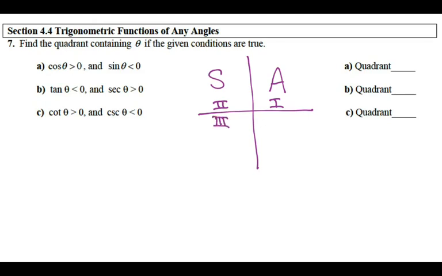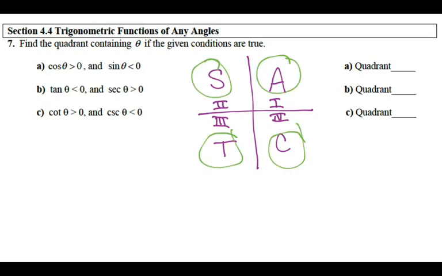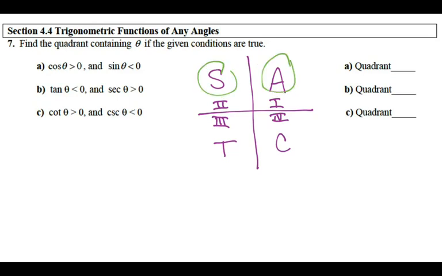Quadrant 3, tangent's positive, the other two trig functions are negative. In quadrant 4, cosine's positive, everything else is negative. You can remember that by saying all students take calculus, or my personal favorite, all students try crack, whatever helps you remember.